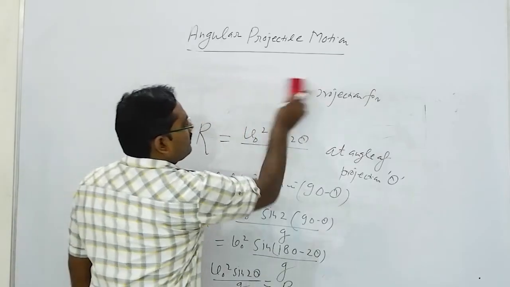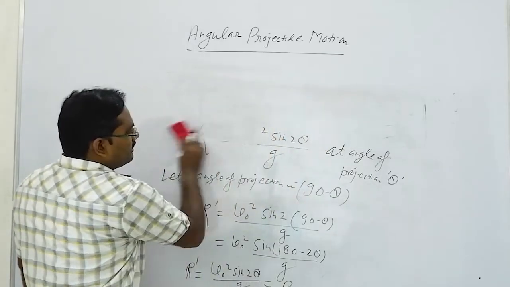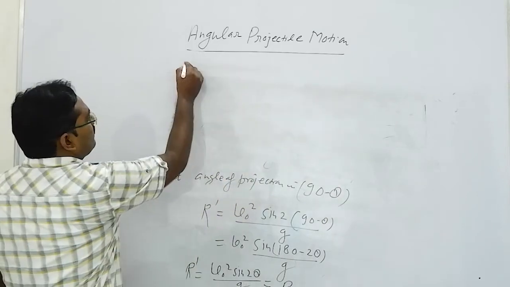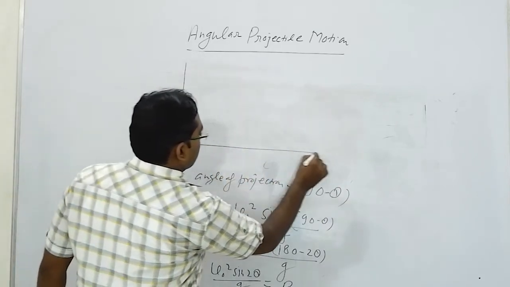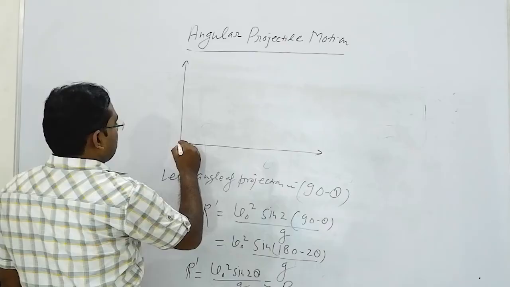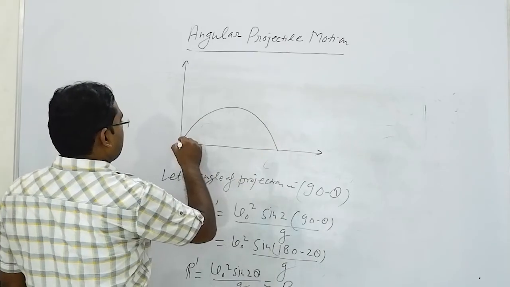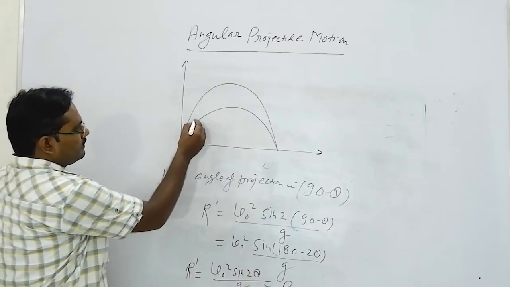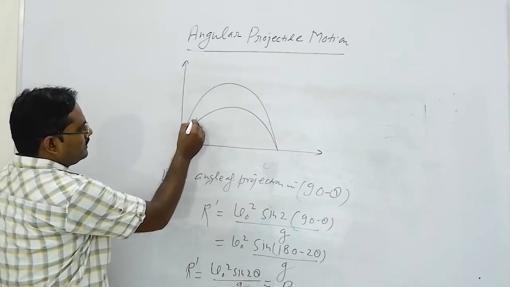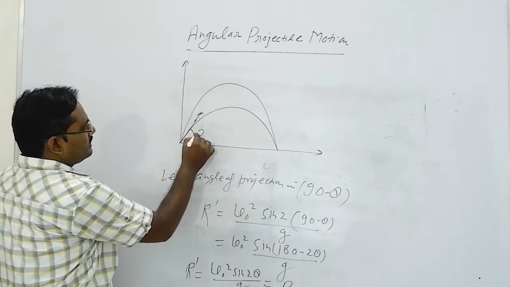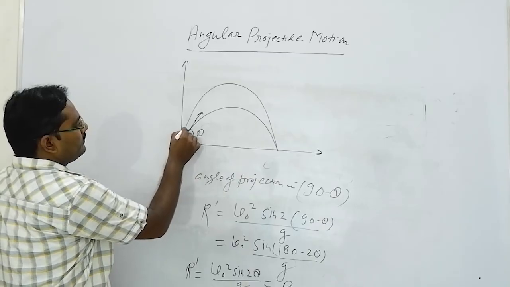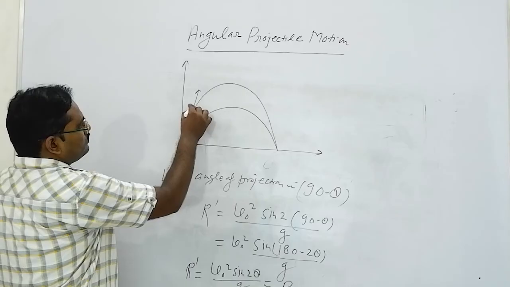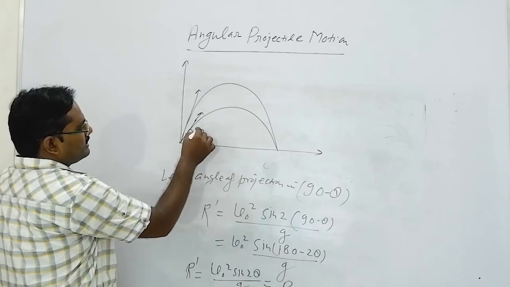Now it is clear by the figure like this. For this trajectory, let this one be theta, and for this trajectory, this one is 90 minus theta.